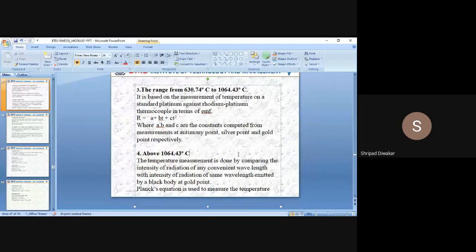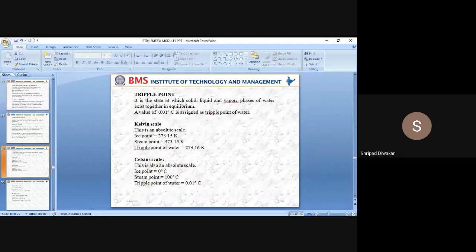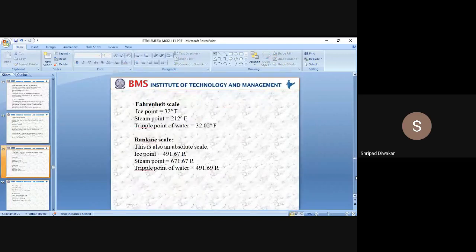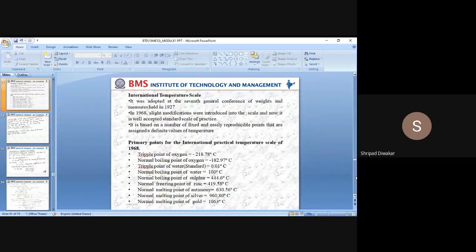You have to define the terms: ice point, steam point, normal melting point of oxygen, then boiling point of oxygen, next melting point of antimony, melting point of silver, melting point of gold. These are the international fixed points, which were adopted in the year 1968.